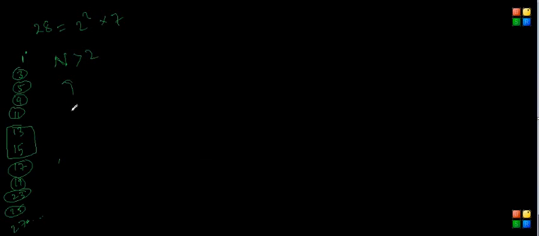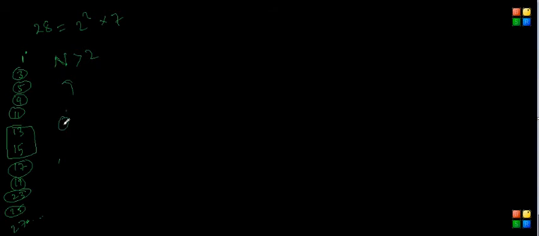Before that, let me tell you that the number of coprimes less than a number is also known as Euler's number. Leonhard Euler was a great mathematician who gave this Euler number, which physically represents the number of coprimes less than a number.